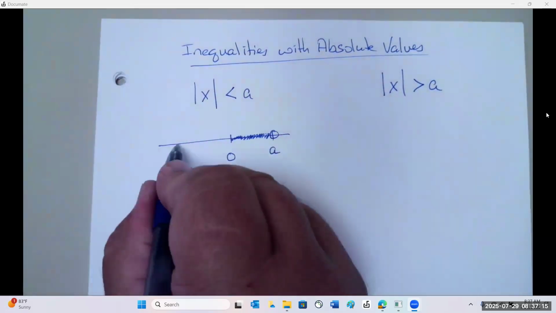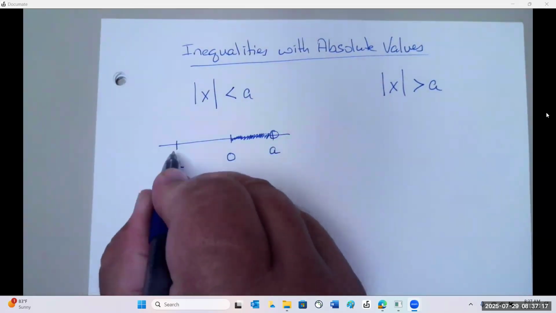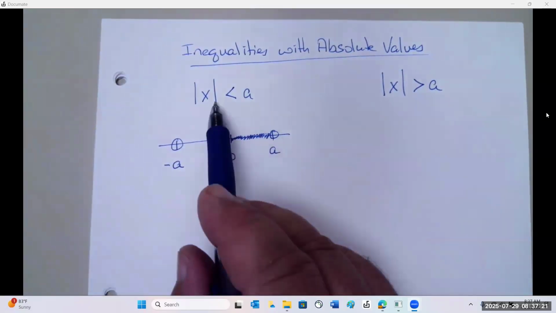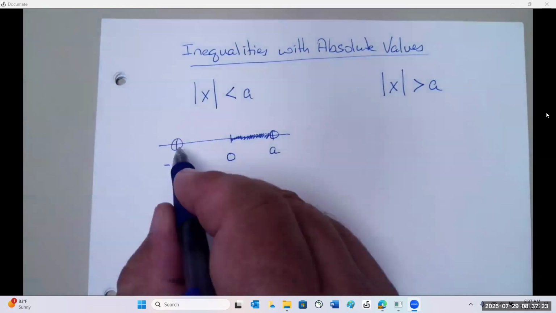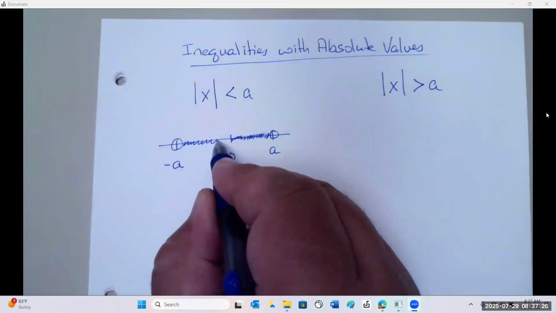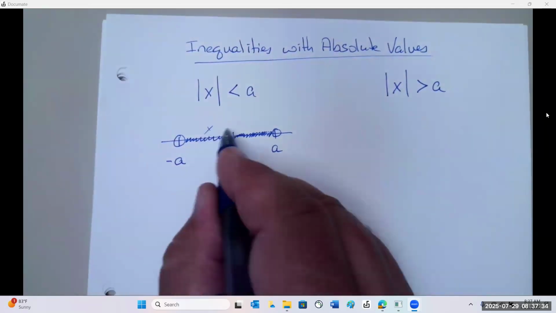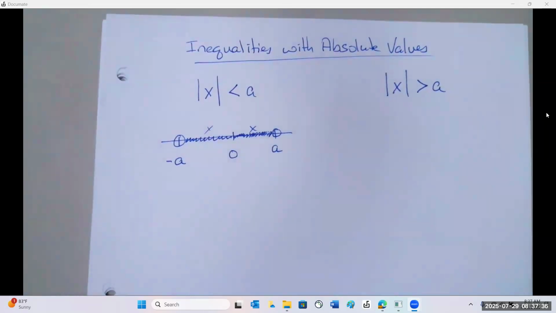Since it's absolute values, we also have to have a negative a. If it's less than positive a, then it has to be greater than negative a. Because both of these sides here represent my value of x.